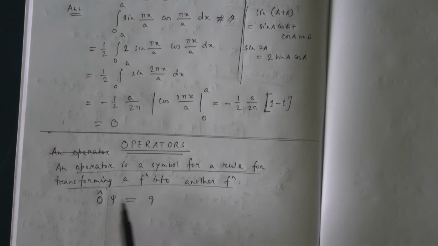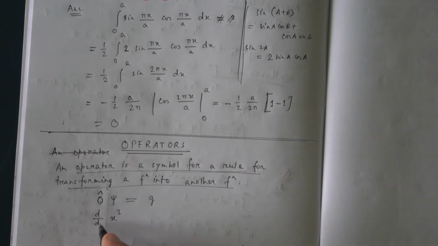For example, say the function is x square, and the operator is d dx. So the function x square changes to 2x. The operator operates on the function and it changes to another function.